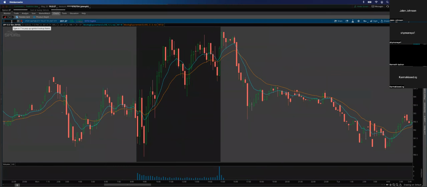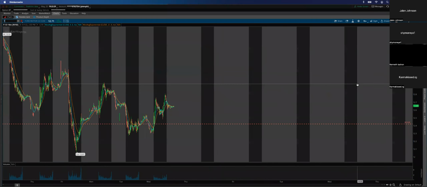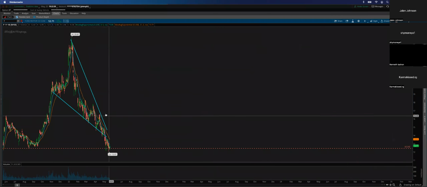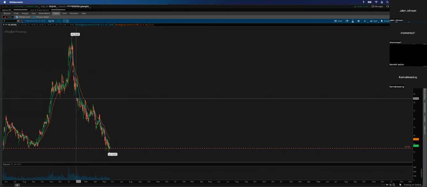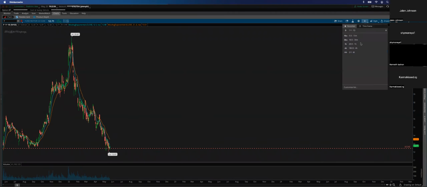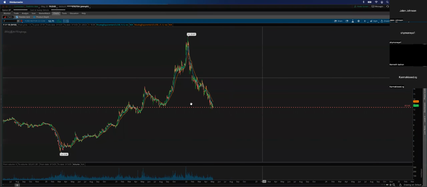Actually, let's go to forward. I see one on forward. All right, I'm going to give y'all ugly ones and I'm going to give y'all nice looking ones. This one right here is an ugly flag, but it still serves as a flag. Let me stretch the chart out a little bit. All right, so here we go.